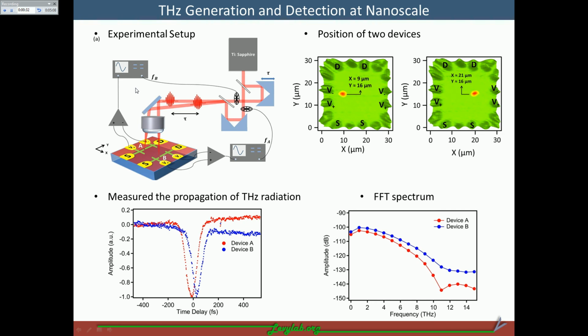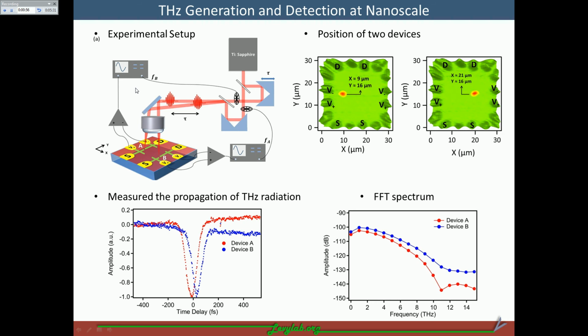Then the voltage across junction A is measured at frequency FB, and the voltage across junction B is measured at frequency FA. In this configuration, we use one junction as the source and the other one as the detector.